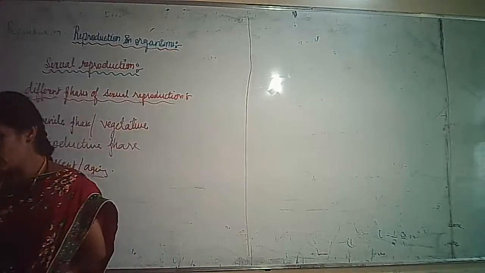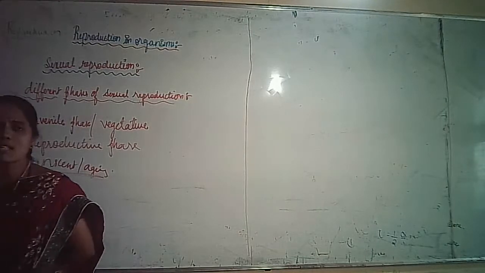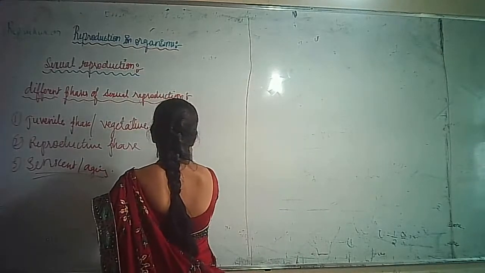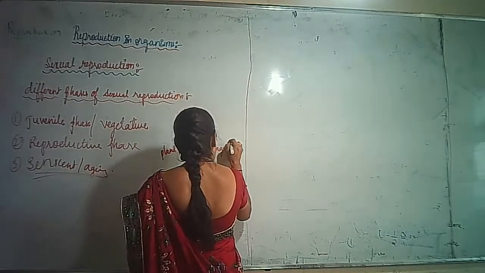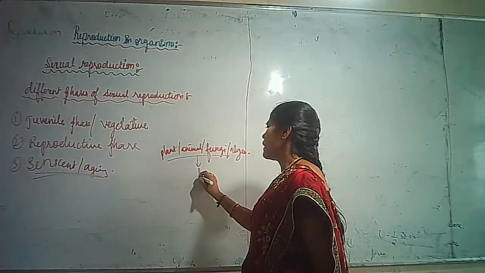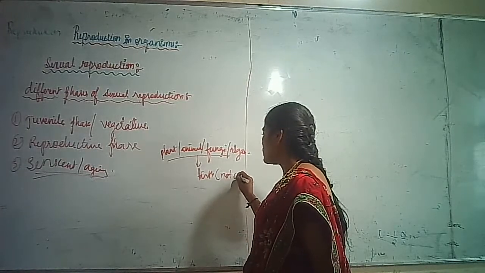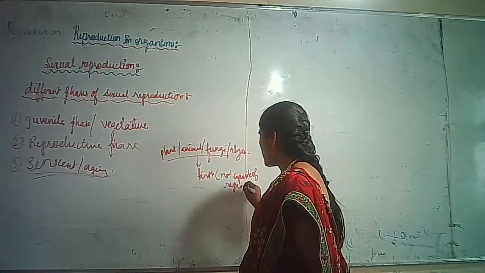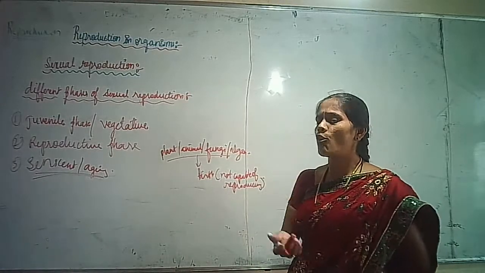Whatever all living organisms, as soon as the living organism takes birth, either a plant or animal or a fungi or an algae, immediately after the birth, they are not capable of reproducing. Why? Because they have to grow first.